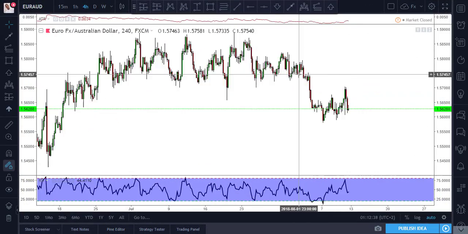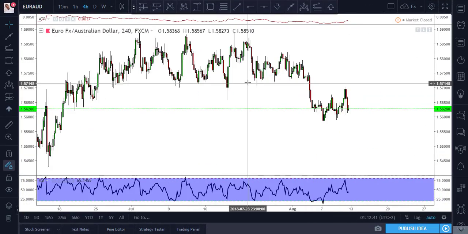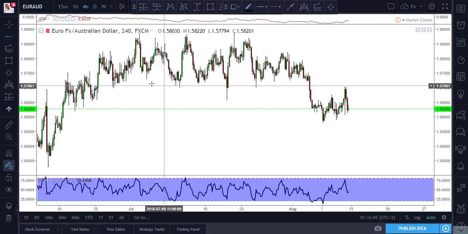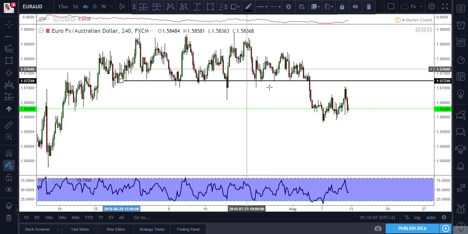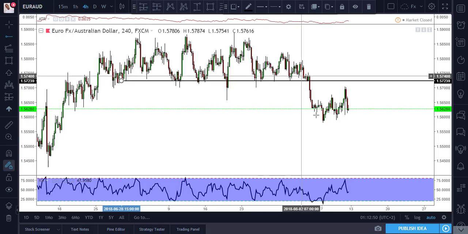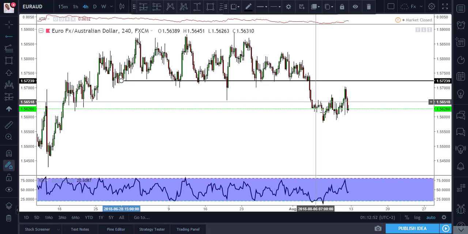Now that we are on the lower time frame, what's pretty evident is this previous support level, which was violated as of late as the market has broken down.